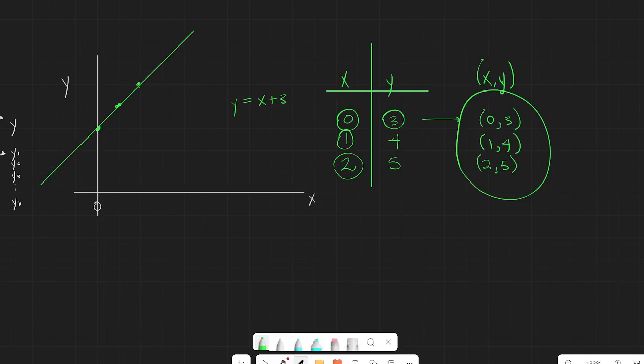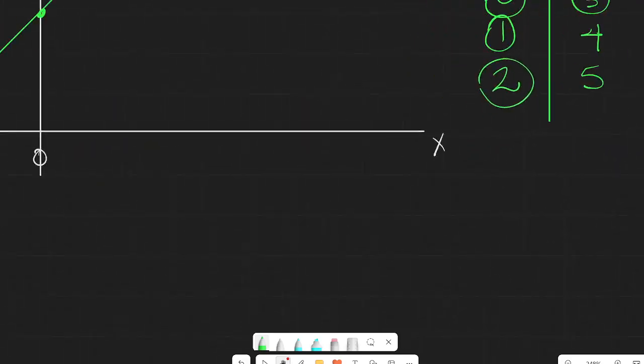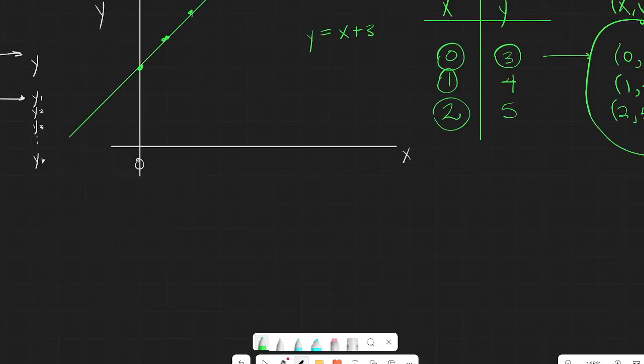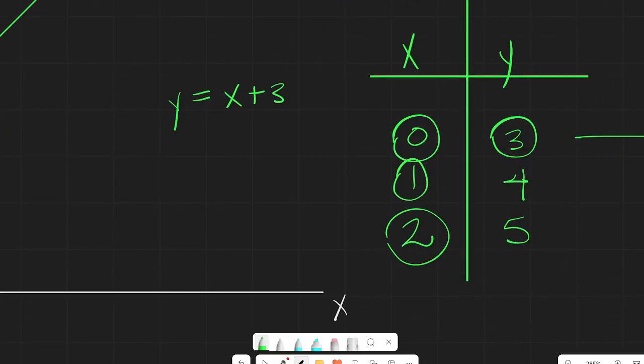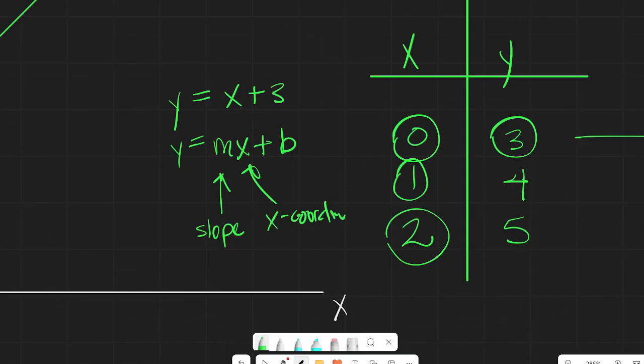We can also say, what's the slope of this line? Well, you can kind of tell just by knowing about y equals mx plus b, in that m is the slope. This is your x coordinate along this axis right here, and then b is going to be the y-intercept.